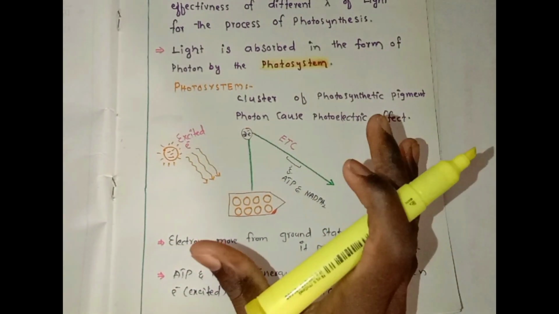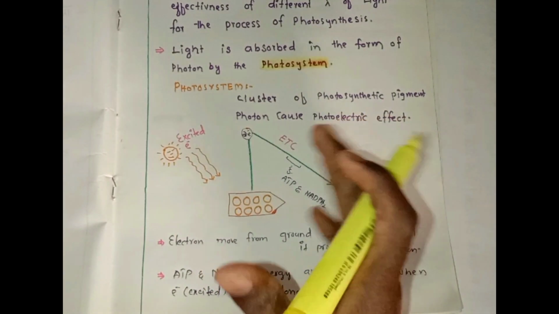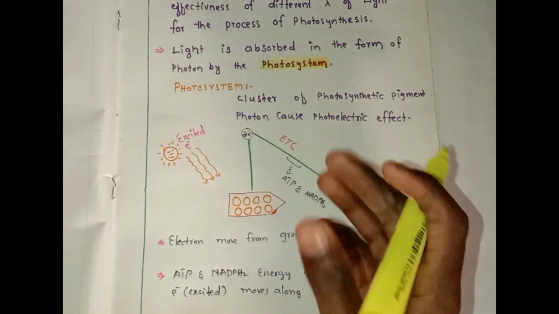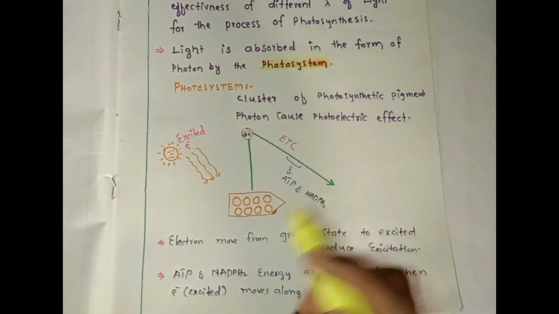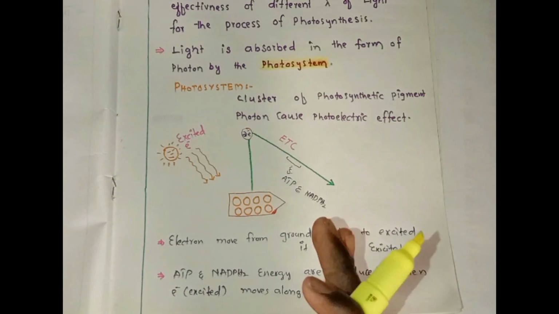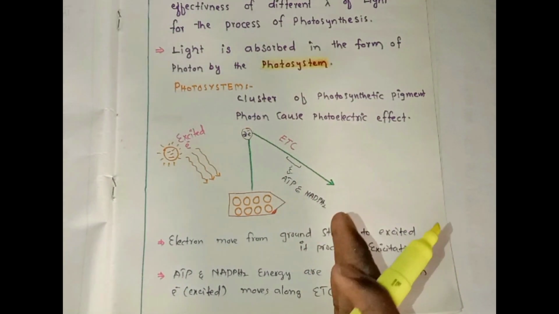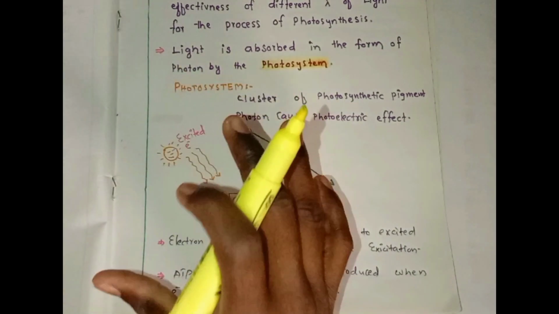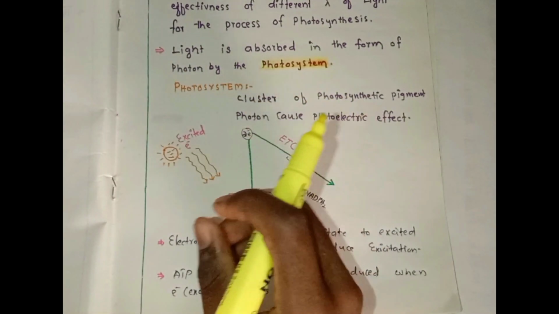When the electron moves from the ground state to the excited state, it produces excitation, and due to this excitation, ATP and NADPH are produced as the excited electron moves along the electron transport chain. Through this series of electron transfers, in the end we get ATP and NADPH. So this is overall about the role of light in the photosynthesis process.